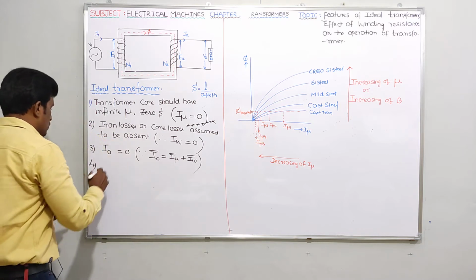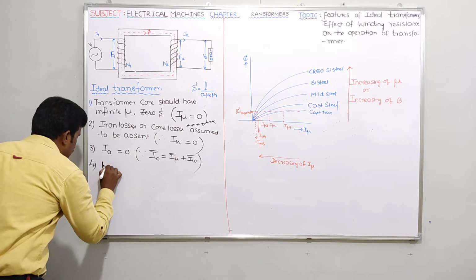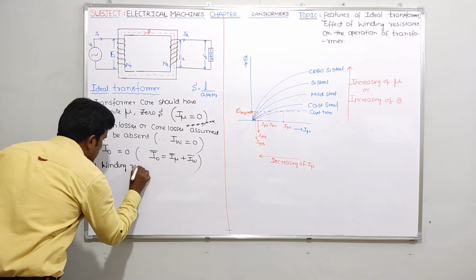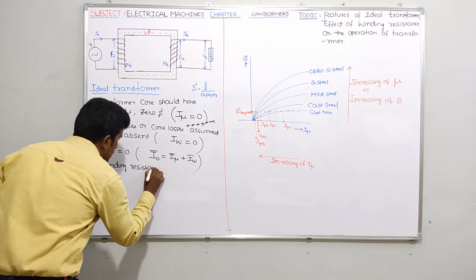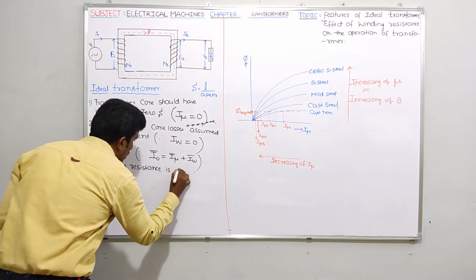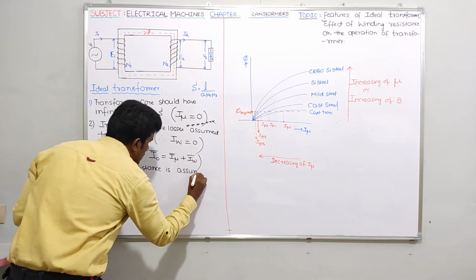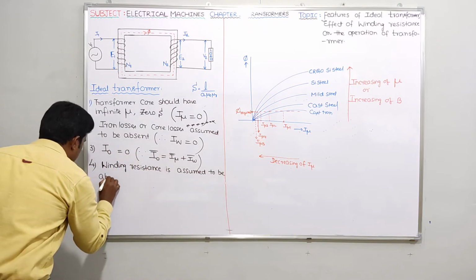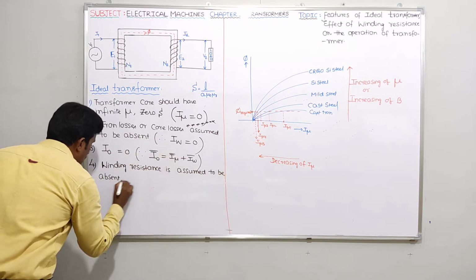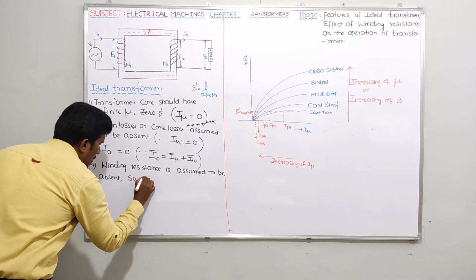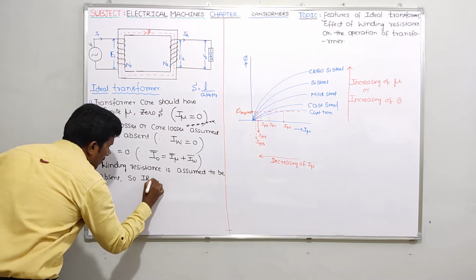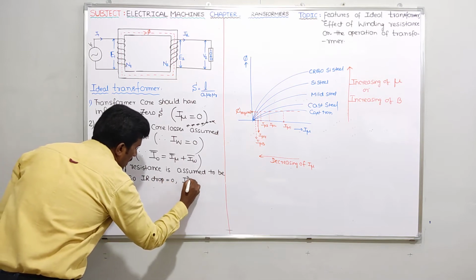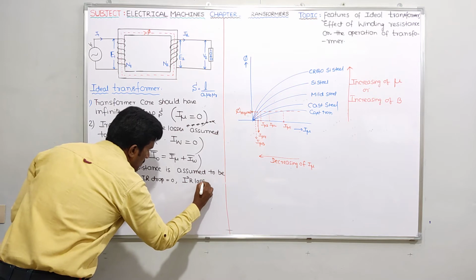Okay. So I can write here the fourth point: winding resistance is assumed to be absent. So what about IR drop? IR drop equal to 0.